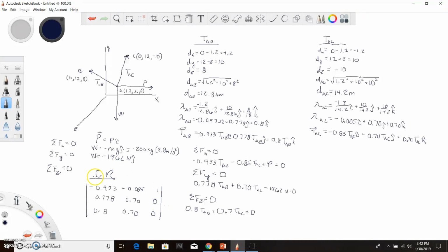Using an RREF, I'm going to make my augmented matrix.